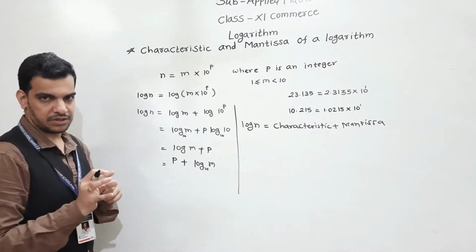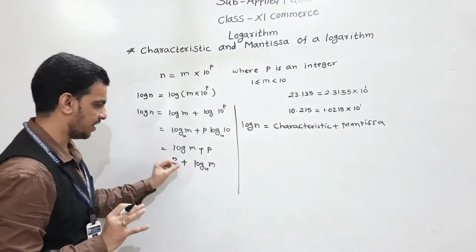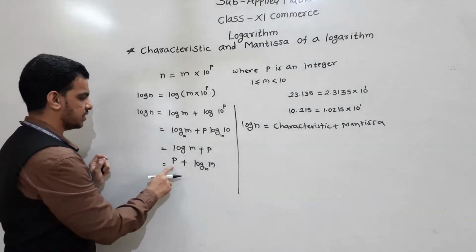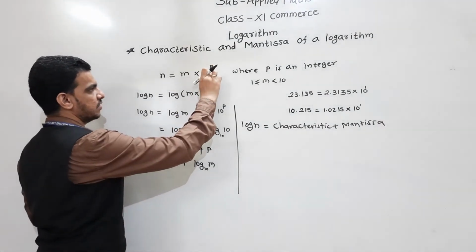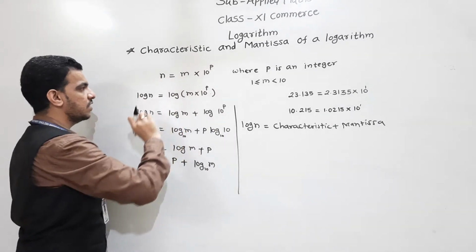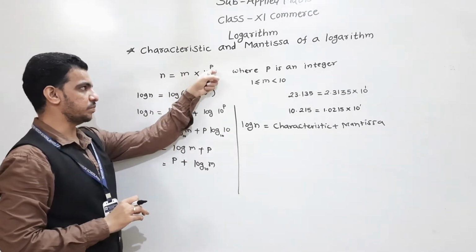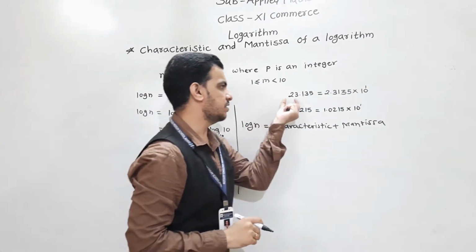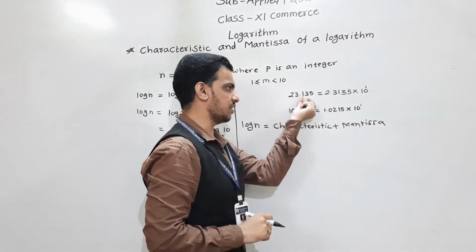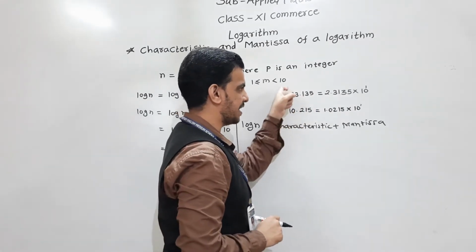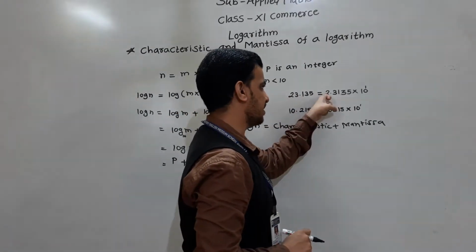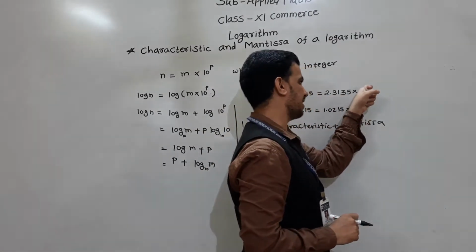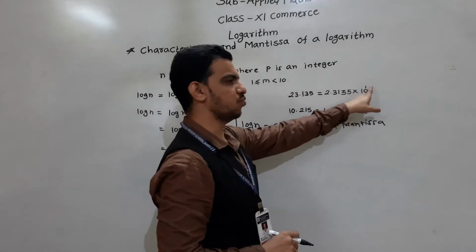There is a log table from which we can find the value of log m, and p is an integer. So if n we can write as m into 10 raised to p, then this p is called the characteristic. Suppose the number is 23.135, then when we write it in standard form of decimal it is 2.3135 into 10 raised to 1. So the characteristic of this number is 1.